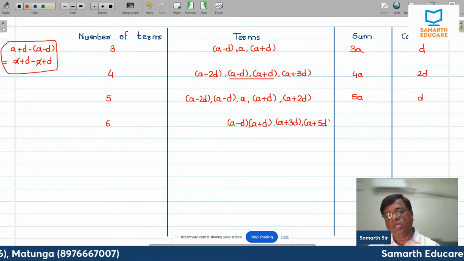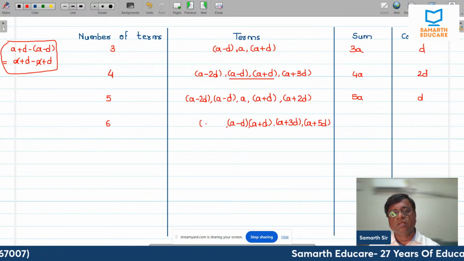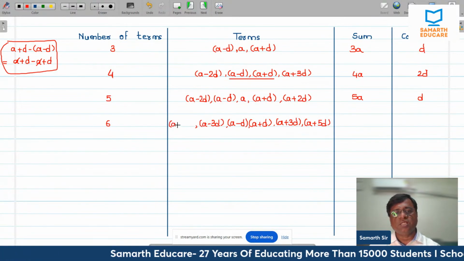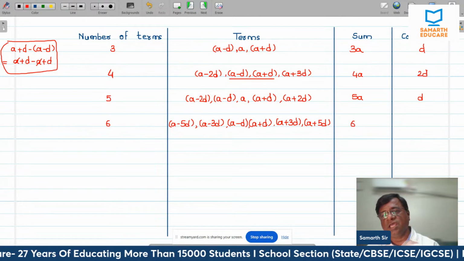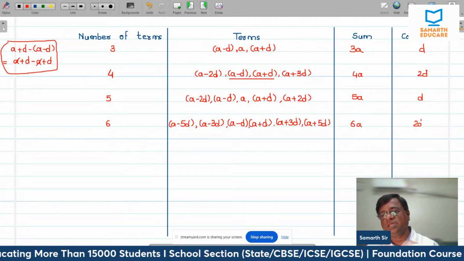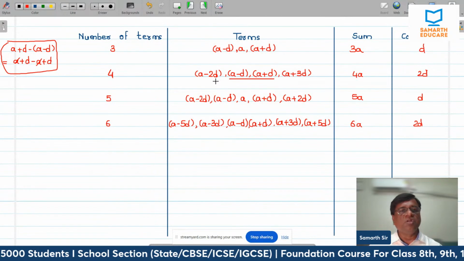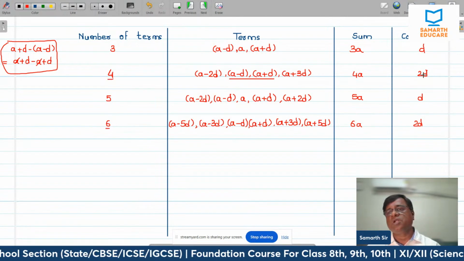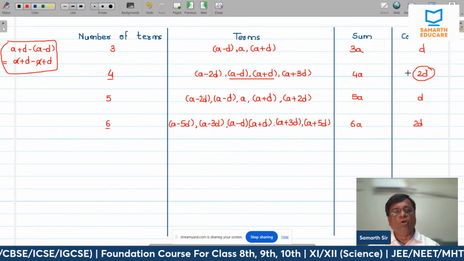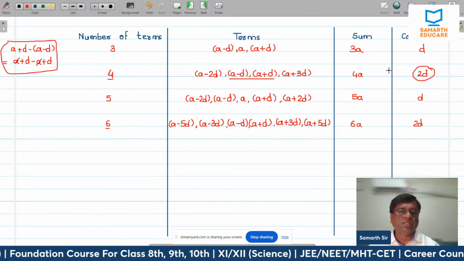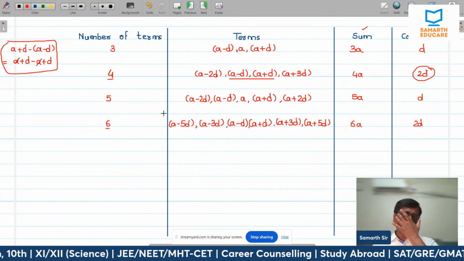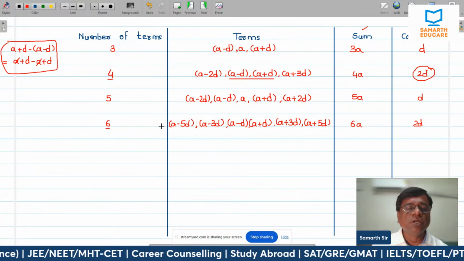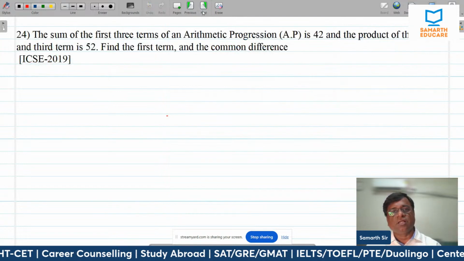The two previous terms will be a minus 3d and before that a minus 5d, and you can continue like this. The sum is 6a, and the common difference is 2d. So for an even number of terms, the common difference is 2d, and for an odd number of terms, the common difference is d. There's nothing to worry about; if you need the sum and common difference directly, this helps you in MCQs. Otherwise, nothing to worry about.